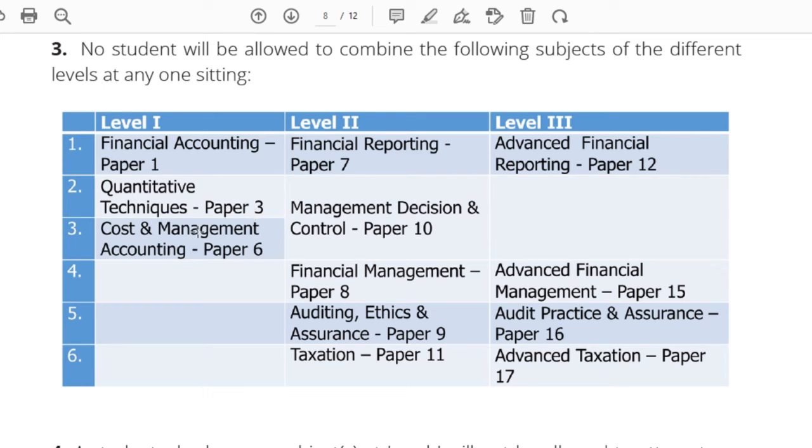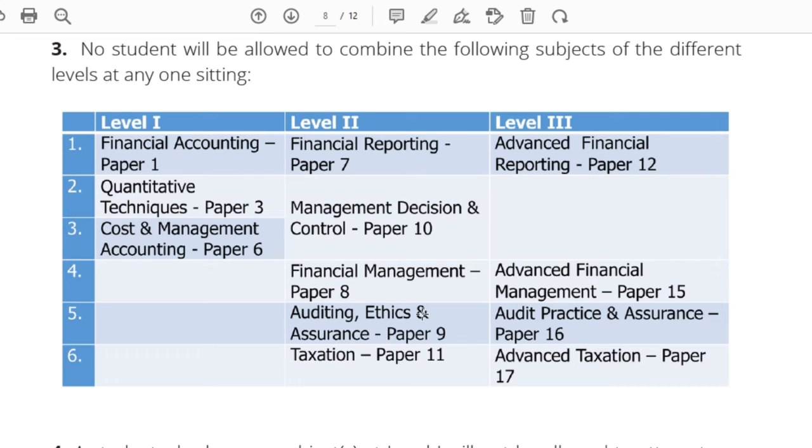Similarly, cost and management accounting at level 1 cannot be undertaken together with management decision and control, paper 10 at level 2. Then when it comes to level 2, you may not be able to do financial management, paper 8, together with advanced financial management, paper 15 at level 3.